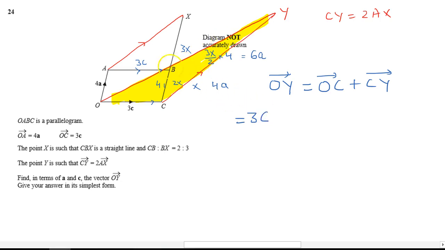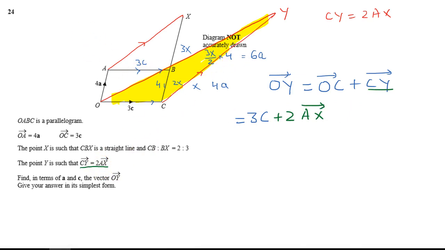OC is 3c plus CY. CY and AX have a relation, so CY can be written as 2AX. CY is equal to 2AX. It is given.